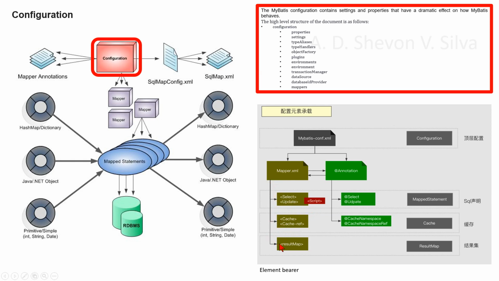Mapper.xml is connected to result map. Here the @ annotation is connected to @select, @update. Here the @ annotation is connected to @select, @CacheNamespace, and @NamespaceRef.